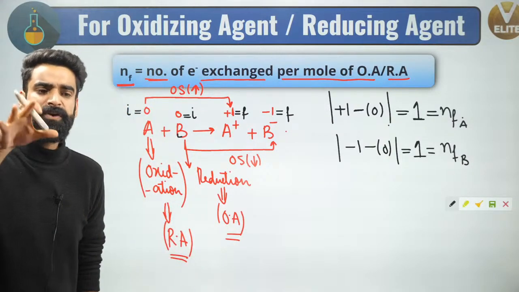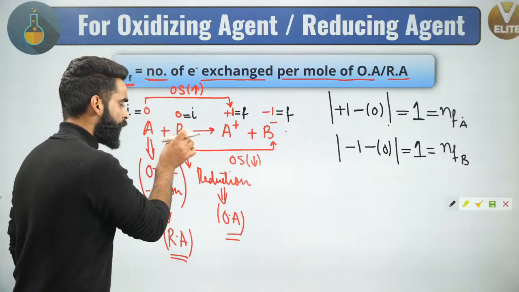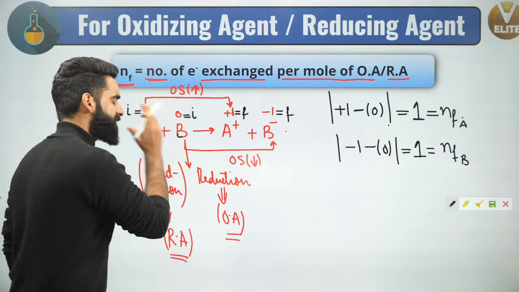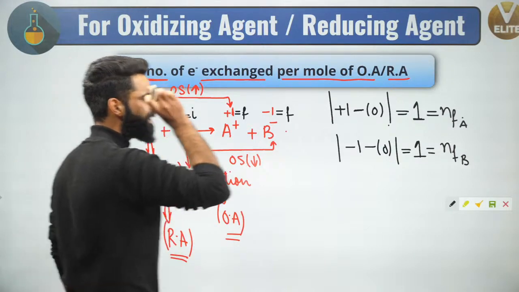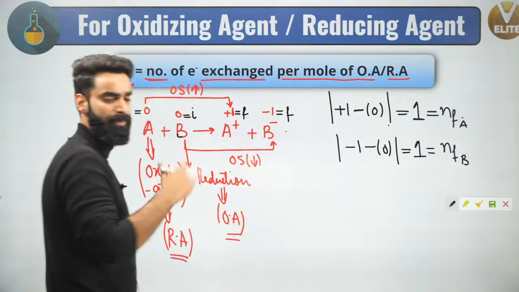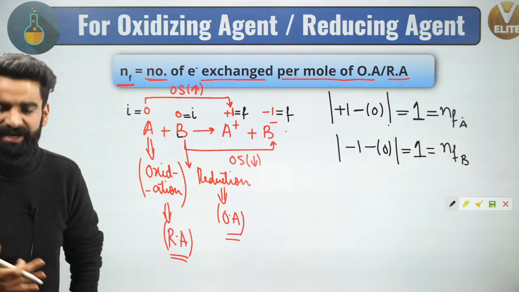If you know the molar mass of B, you can calculate its equivalent mass as well. You just have to divide the molar mass of this substance by its respective n factor. You'll get the value of equivalent mass in grams.